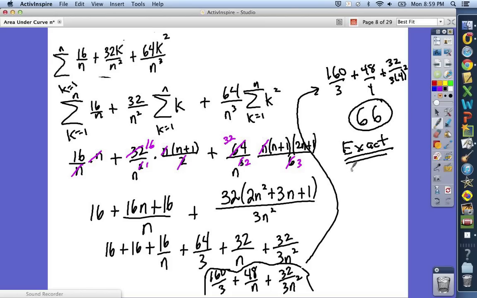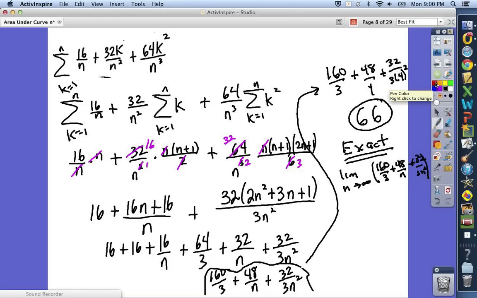So if we say the limit as the number of rectangles n goes to infinity of this expression, 160 over 3 plus 48 over n plus 32 over 3n squared, that should give us the exact area.